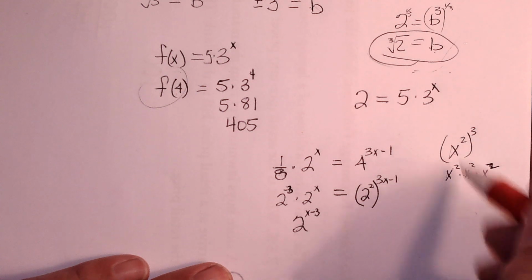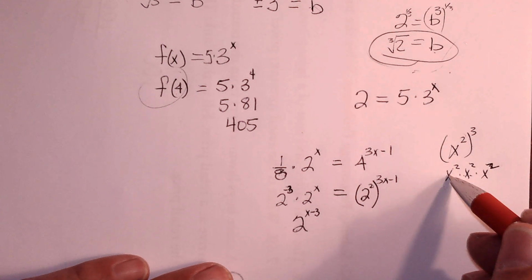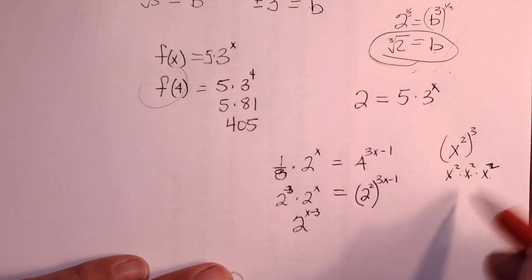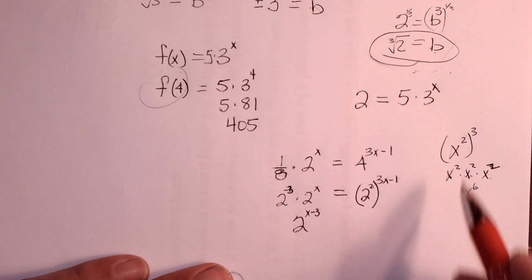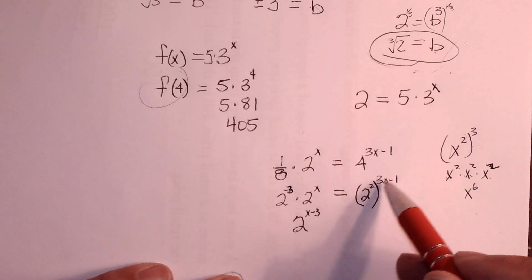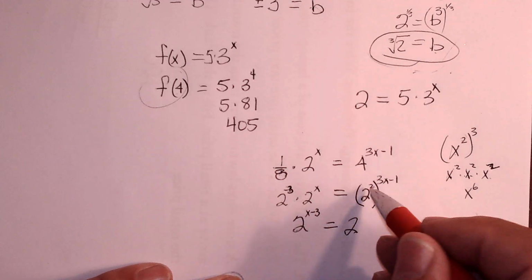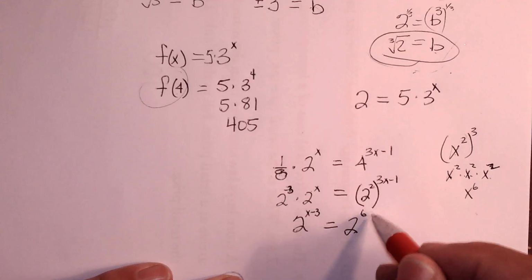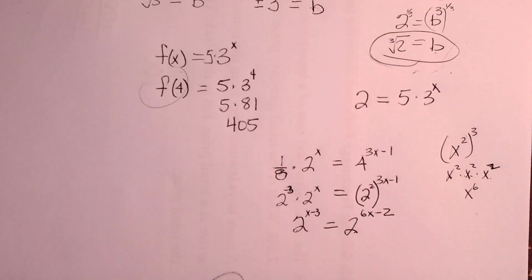Cube means multiply this times itself 3 times. So that's x times x times x times x times x times x. That's x to the 6th, which is what these multiply to be. So when you have a base to a power, you multiply the powers. So 2 times 3x is 6x, and 2 times minus 1 is minus 2.